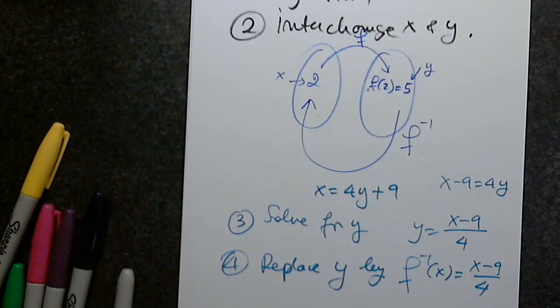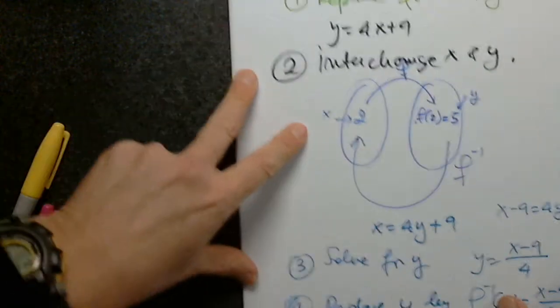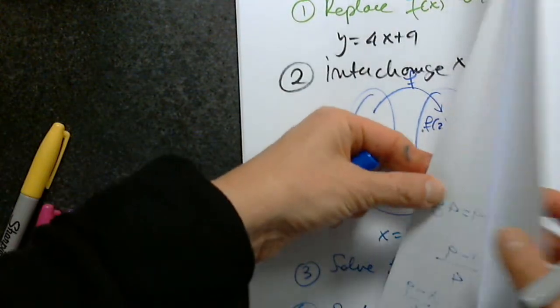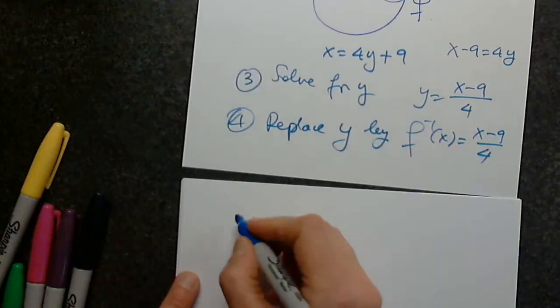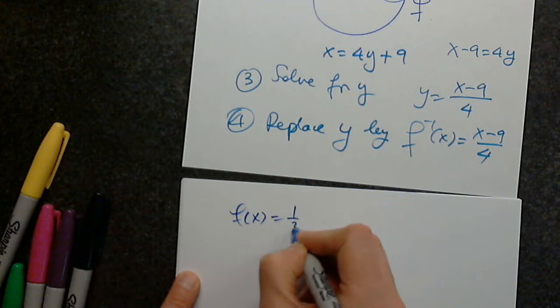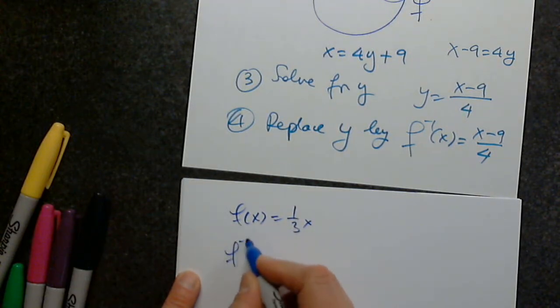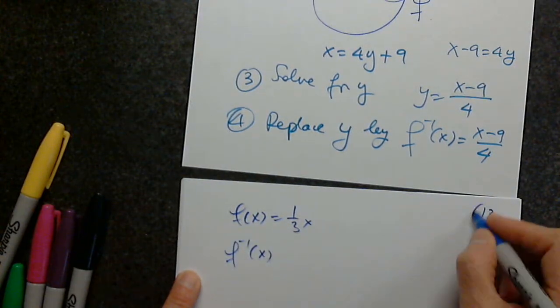It's like if I create a function for you, let's say the function (1/3)x, what would be the inverse function? Let me write it because it's better to visualize it. So let's say I'm creating f of x as (1/3)x, and I'm asking you, please give me the f inverse if you can.